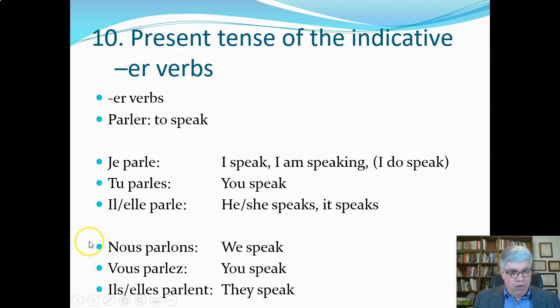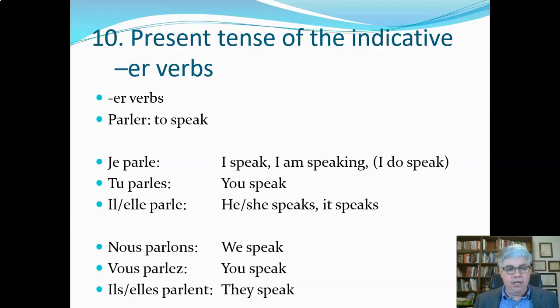Now in the plural, we have the first, second, and third person again. So the nous parlons is we speak. That would be I plus somebody else. Now, in some languages, there's a difference between we, meaning me and you, and we, meaning me and somebody else.